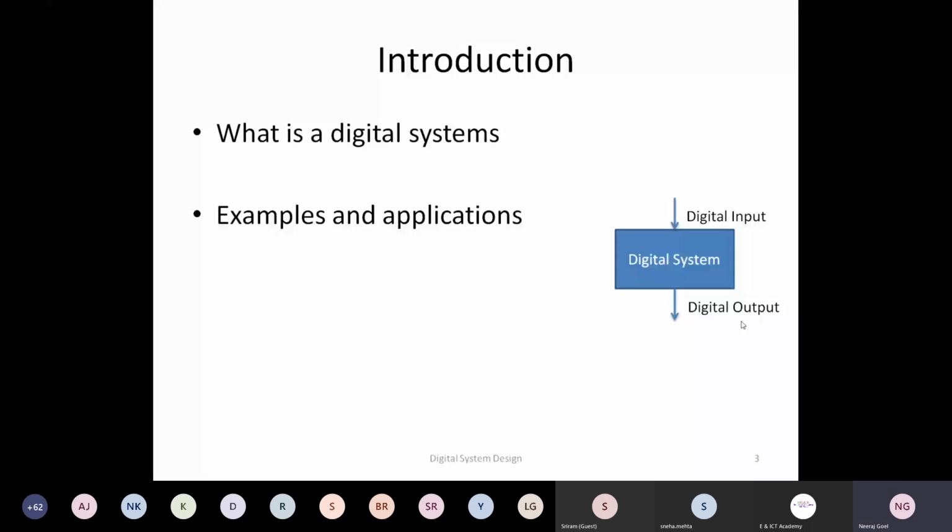Now you can even go beyond. For example, in most automotives or most advanced cars, there would be thousands of microprocessors and thousands of digital systems inside.